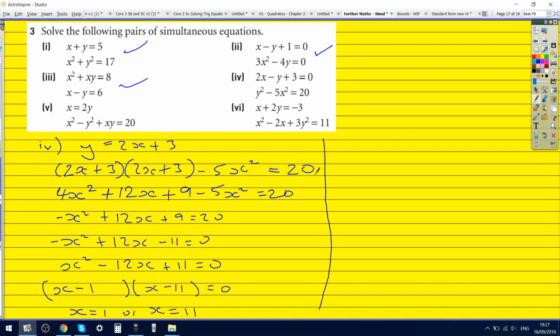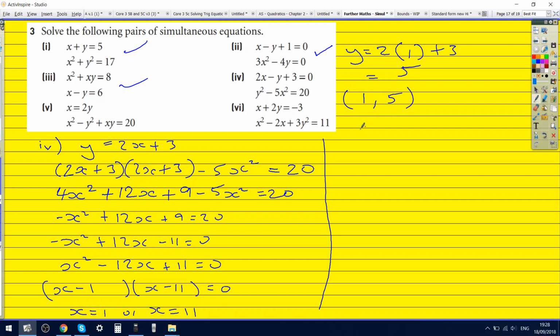For the y value, let's assume x is 1. So y equals 2x plus 3. So then it will be 2 times 1 plus 3, so then we have 5. So our first set of coordinates is 1, 5.